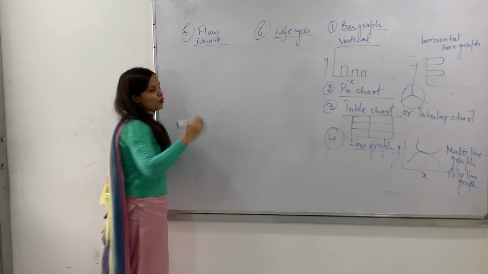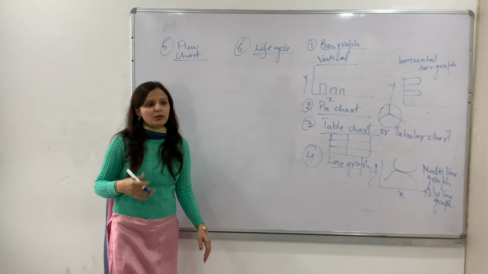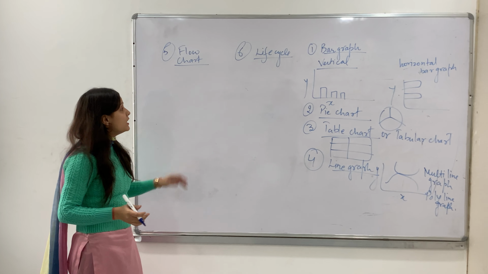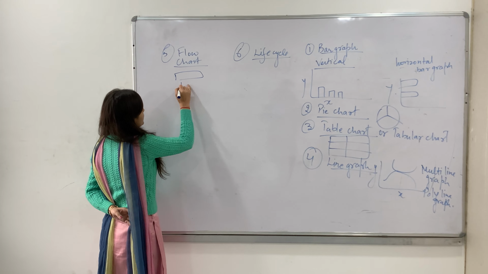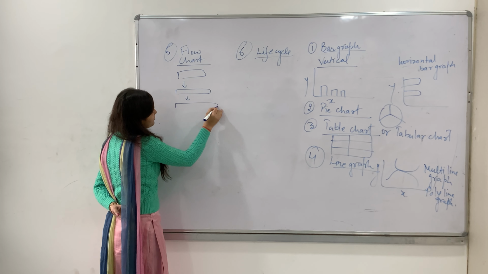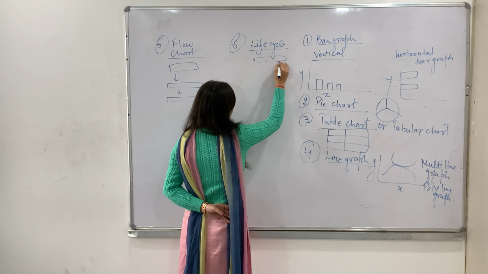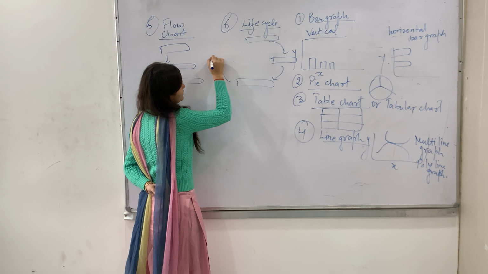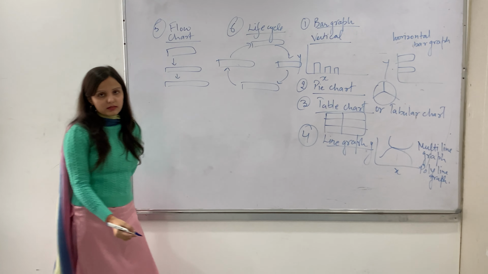Both are similar. Some students have misconceptions that there is no difference between flowchart and life cycle. As both of these have arrows, it's very difficult to define a flowchart and a life cycle, but there is a major difference between these two tasks.